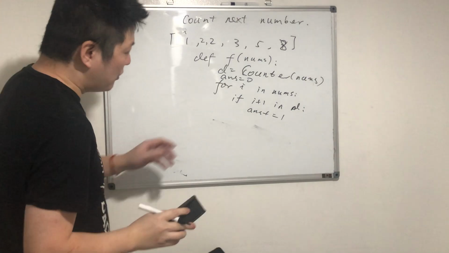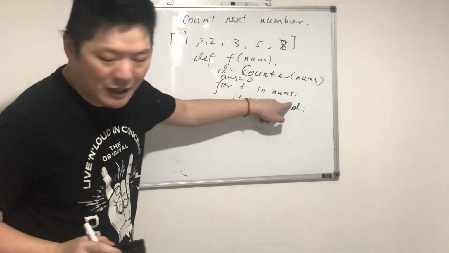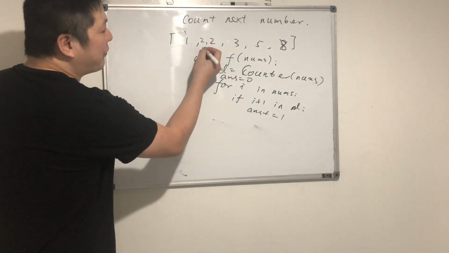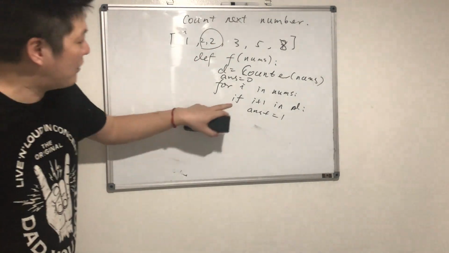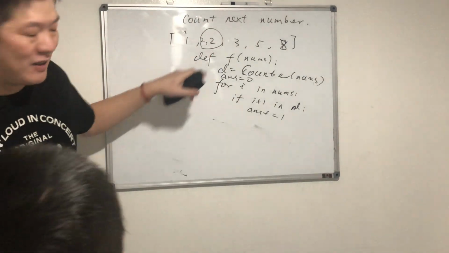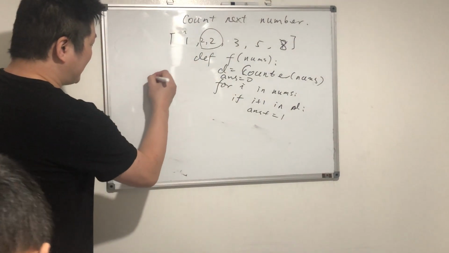Now look, we are going through these numbers again, but we don't need to go through the duplicate numbers, right? If you do this for i in numbers, you go through the 2 twice. We can just go through D dot keys.